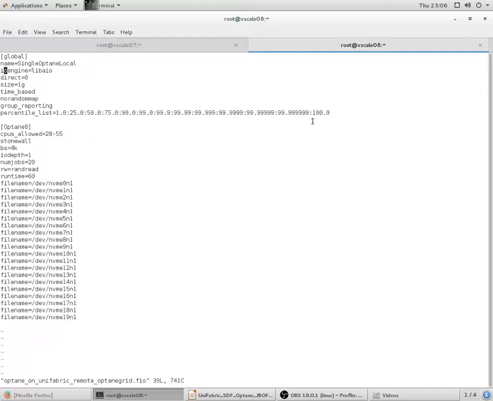So now let's look at how we do with sync I/O.